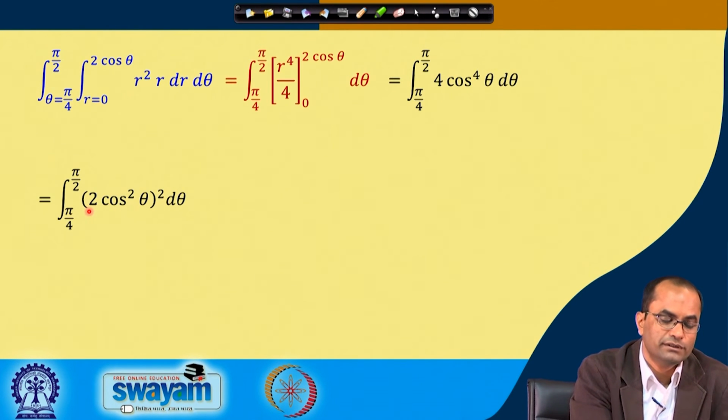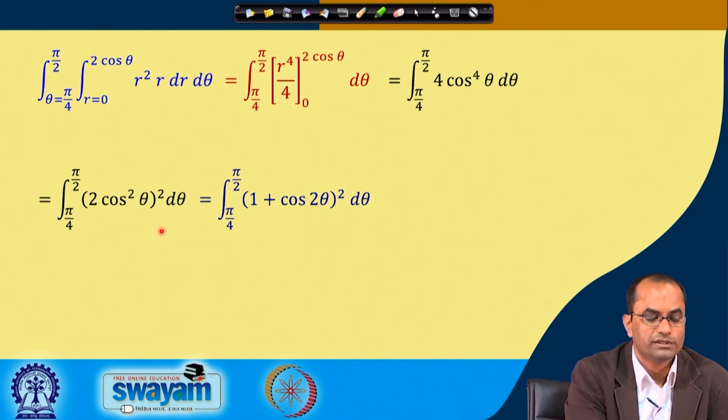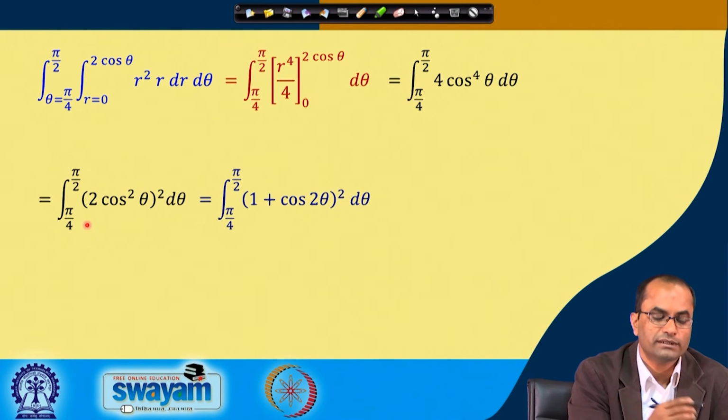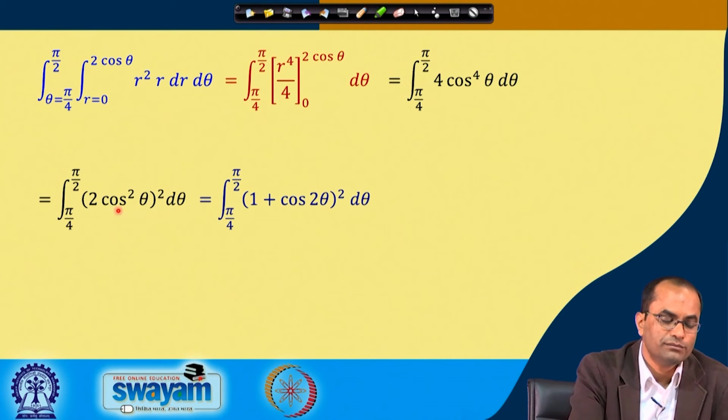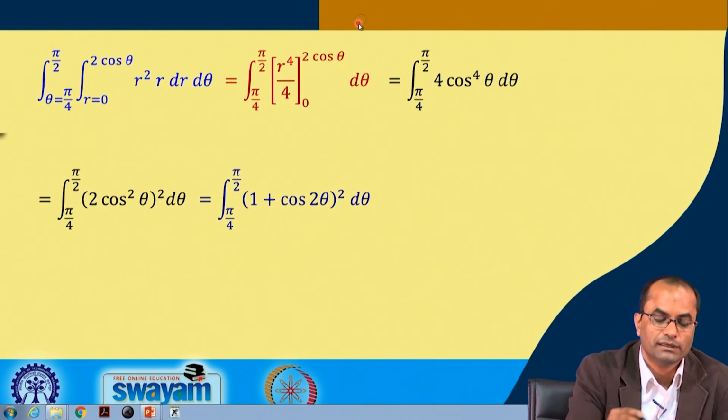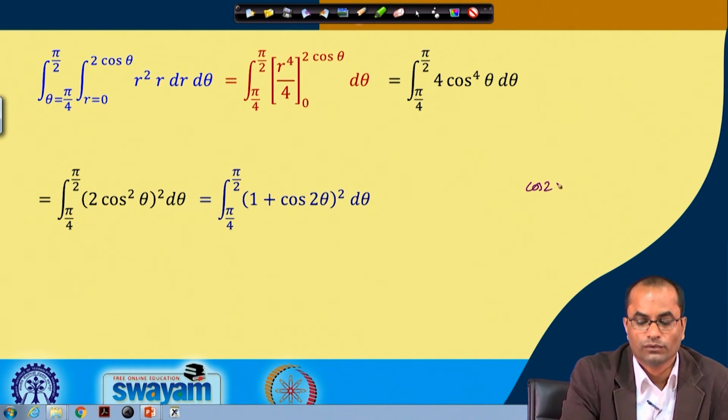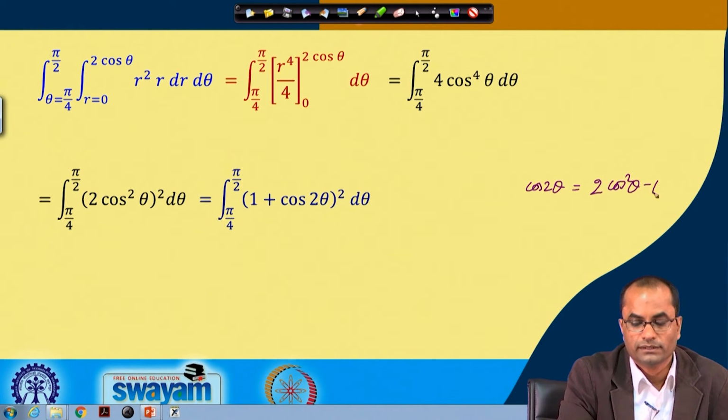So, we have written 2 cos square theta whole square, and 2 cos square theta we can convert into the 2 theta form. So, 2 cos square theta will be 1 plus cos 2 theta by the relation that cos 2 theta is nothing but 2 cos square theta minus 1.